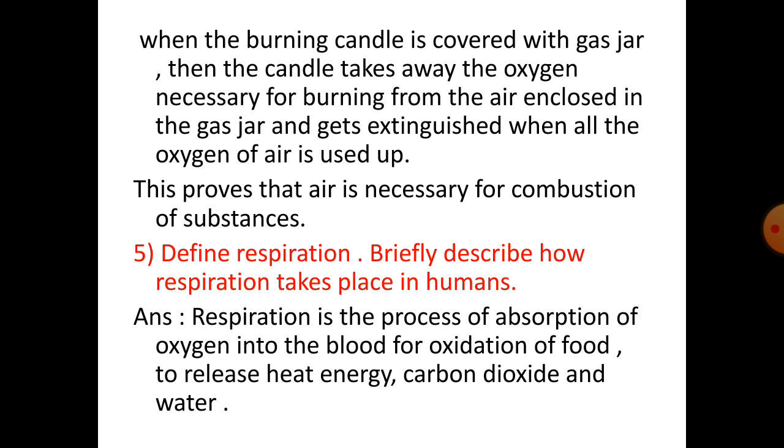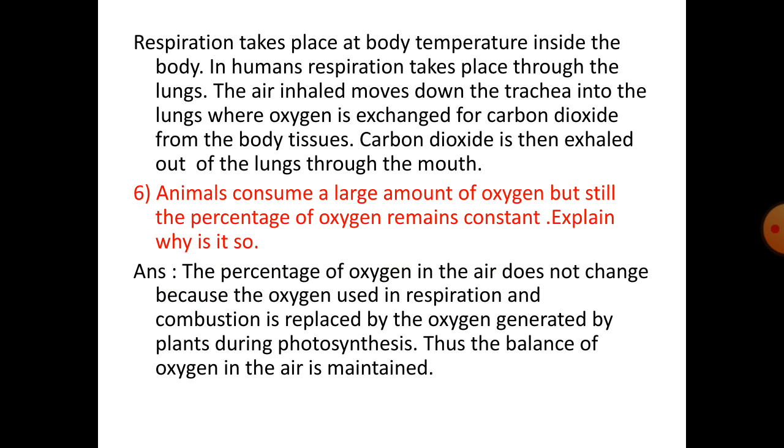Number 5. Define respiration. Briefly describe how respiration takes place in humans. Respiration is the process of absorption of oxygen into the blood for oxidation of food to release heat energy, carbon dioxide and water.